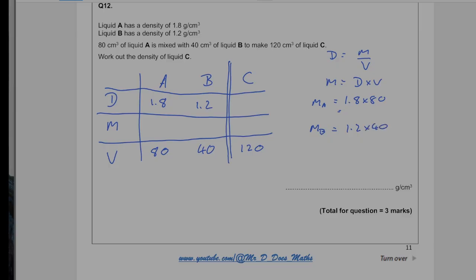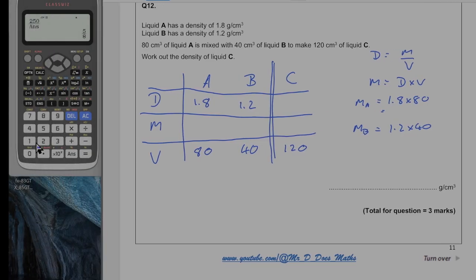Right. So 1.8 times by 80 gives us 144. And then for B, we're doing 1.2 times by 40.